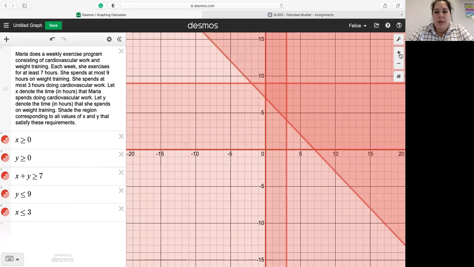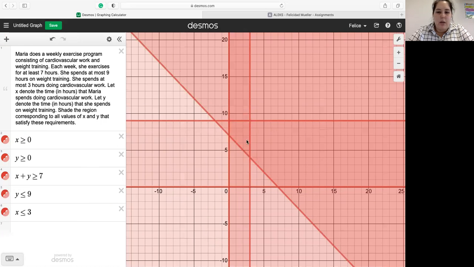So if we zoom in, we do have a very narrow area, which is going to be, she spends at most 9 hours on weight training. So this actually needs, that is right.